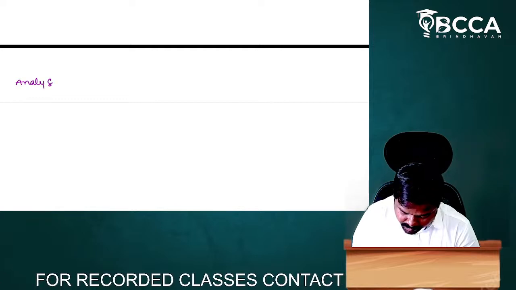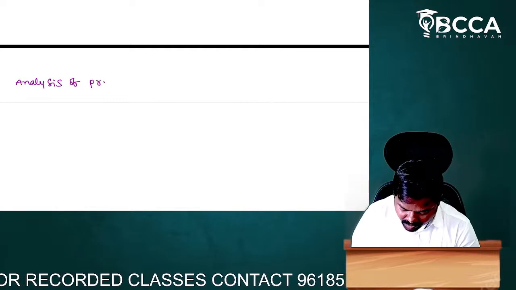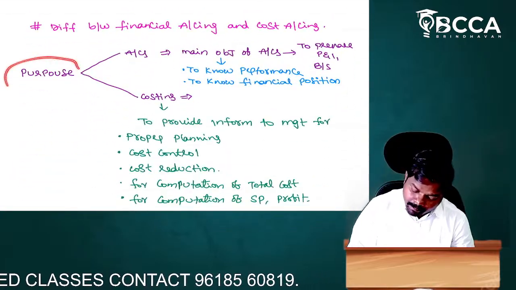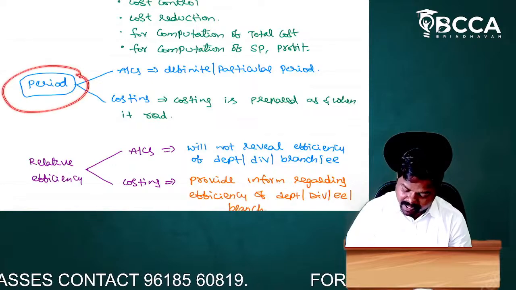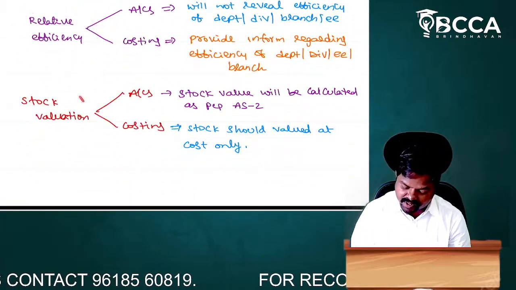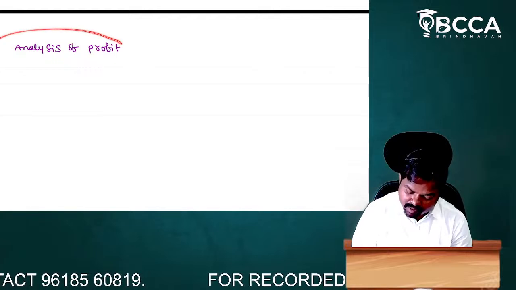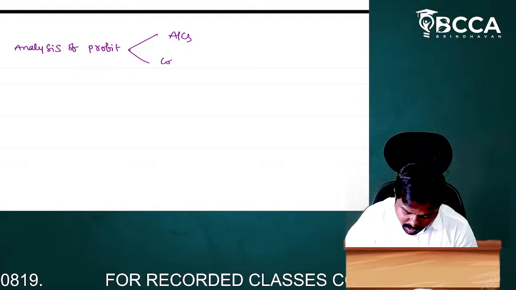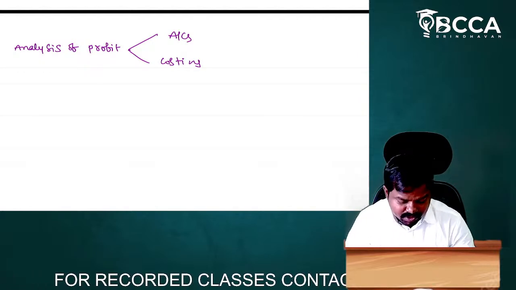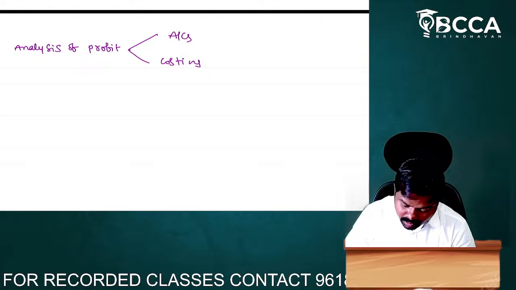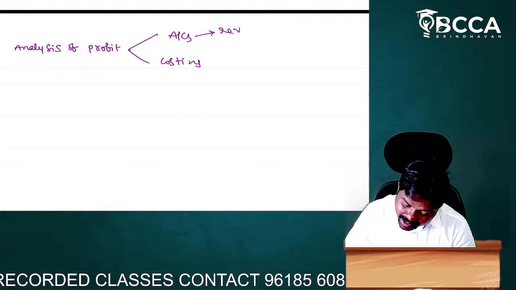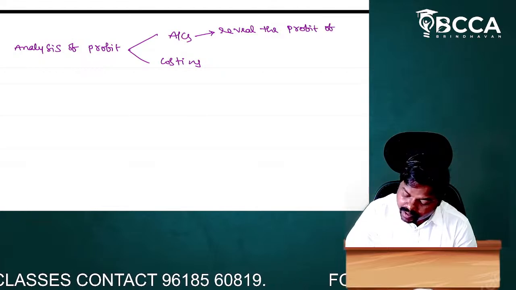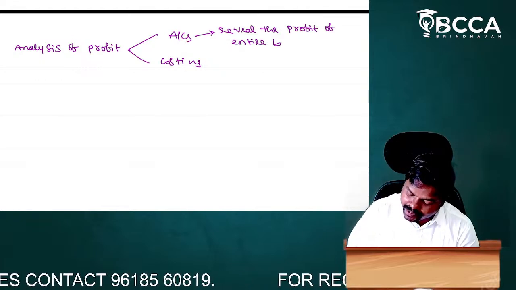So next, analysis of profit. See, first one, purpose. Second one, period. Third one, relative efficiency. Fourth one, stock valuation. Fifth one, analysis of profit. Accounts will reveal the profit of the entire business.